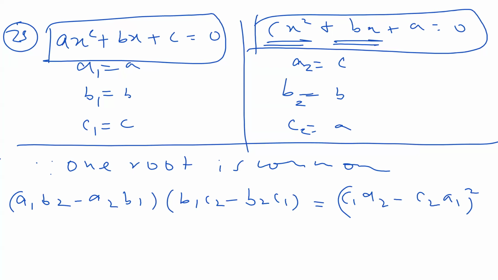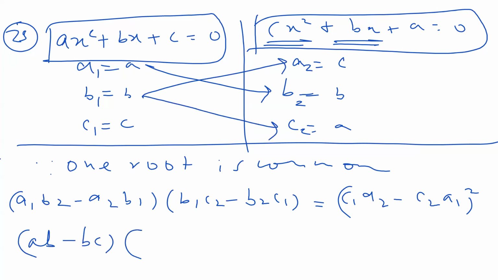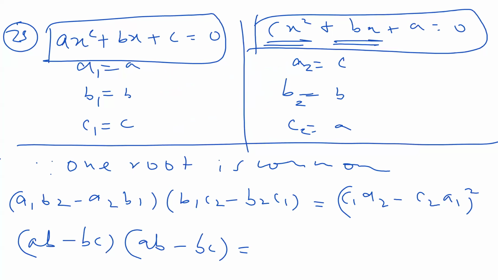Now a1 b2 is ab, b1 a2 is bc, b1 c2 is ab, b2 c1 is bc, equal to c1 a2, which is c square, and c2 a1, which is a square, the whole square, because there is a square over here.